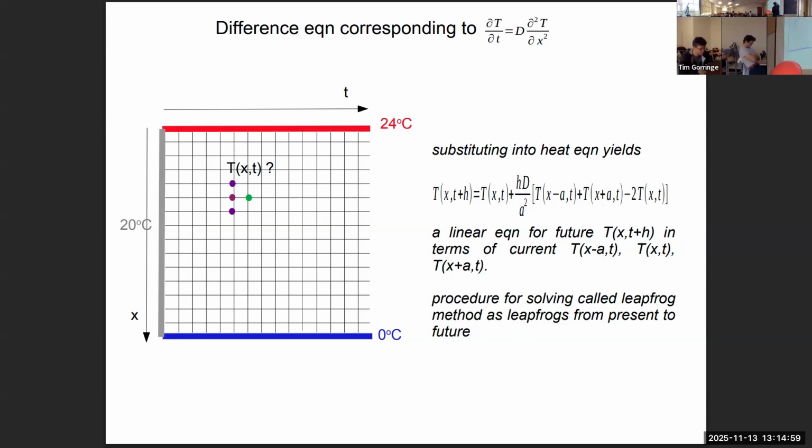And this is what this equation is saying. The value of the temperature at the future time is equal to the value of the temperature at the current time, plus something that's going to change it, which comes about literally through diffusion. So it involves the diffusion constant here.